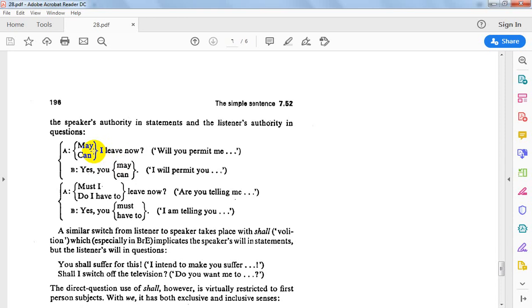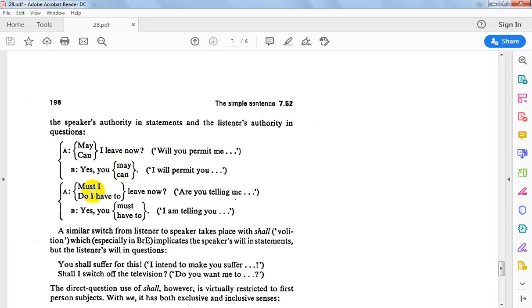For example, Ahmed comes and says to me, may I leave now? He has no authority. I, as a listener, have the authority. But I will answer him, you may leave now. I have turned it from a question to a statement. The authority stays with me as a speaker.